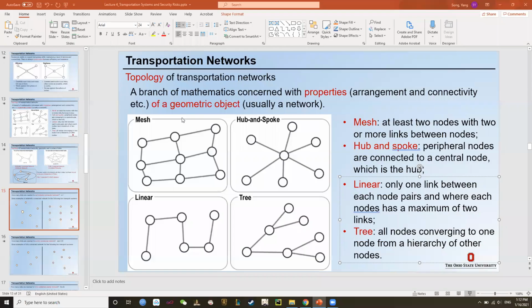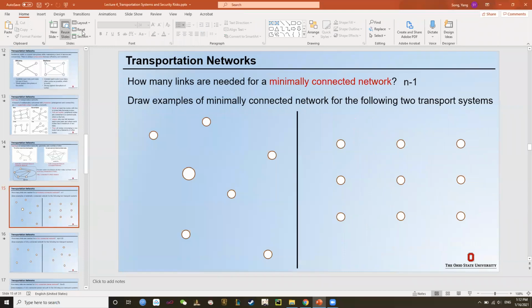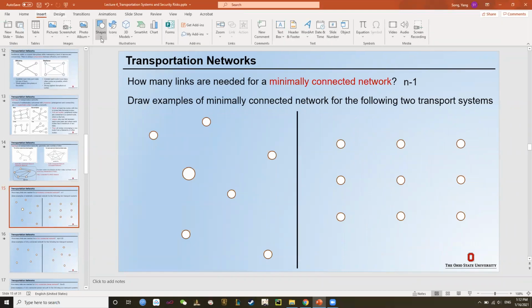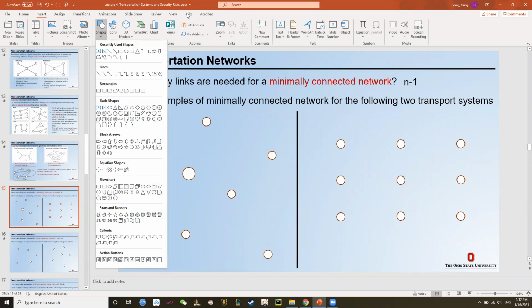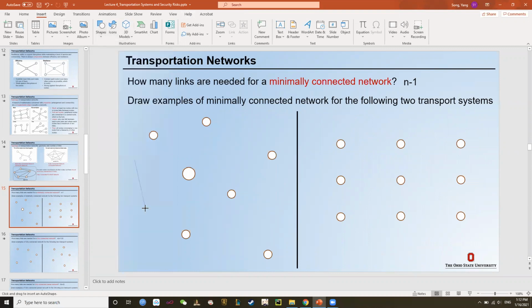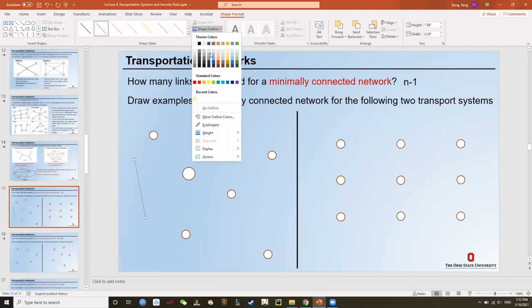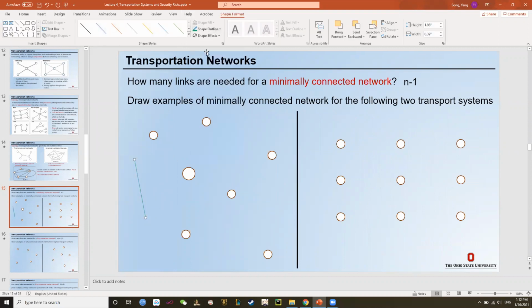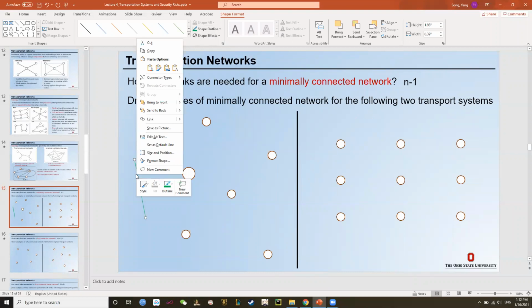I'm going to exit presentation and show you how to draw transportation networks. Okay, let's just insert a straight line, make it green and thicker.